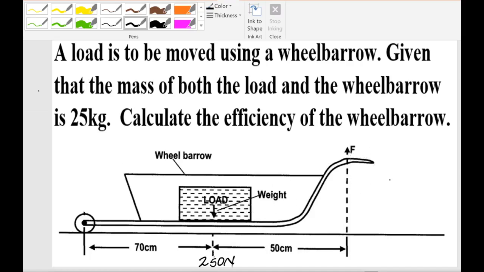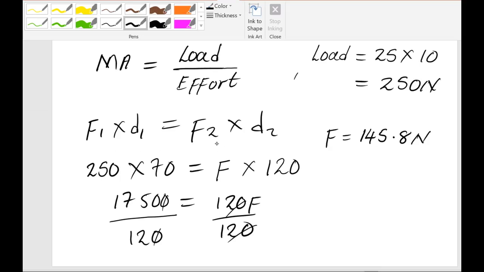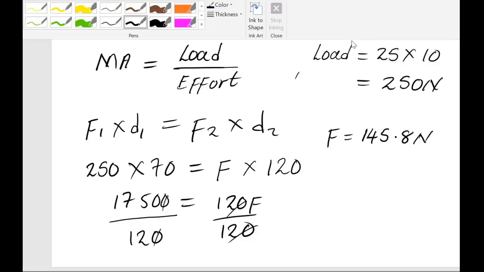So going back to our initial plan, remember, is to find the mechanical advantage. We have mechanical advantage is load over effort, and our load is 250, our effort is 145.8. So let us calculate the mechanical advantage.